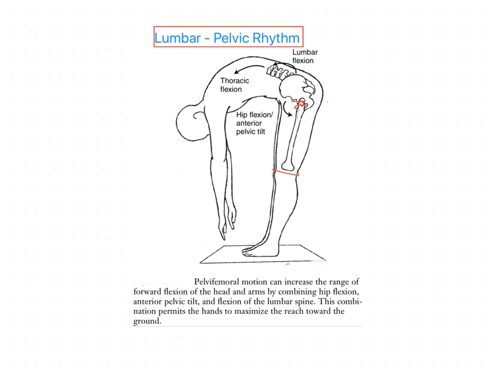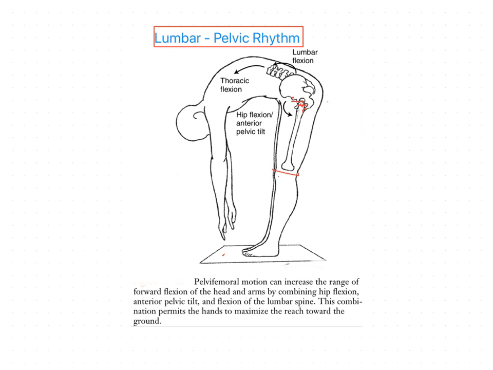So during knee extension, what is the range of hip flexion? Only 90 degrees. This 90 degrees of hip flexion and anterior tilting is not enough to bring the hands to the ground.